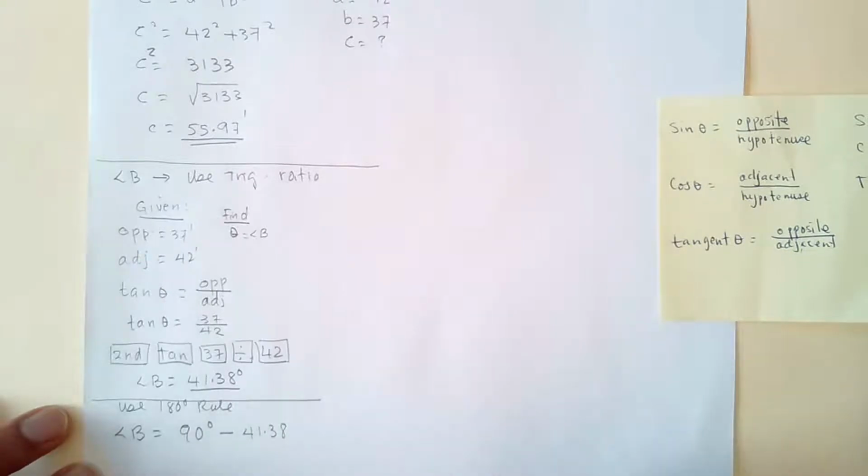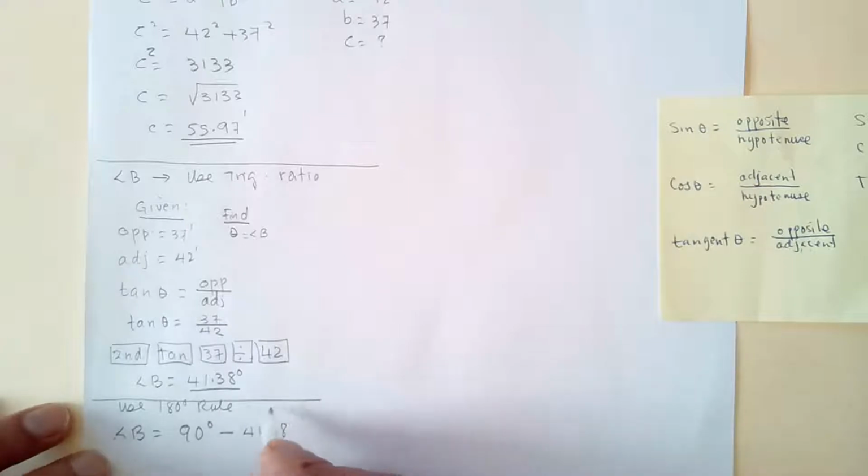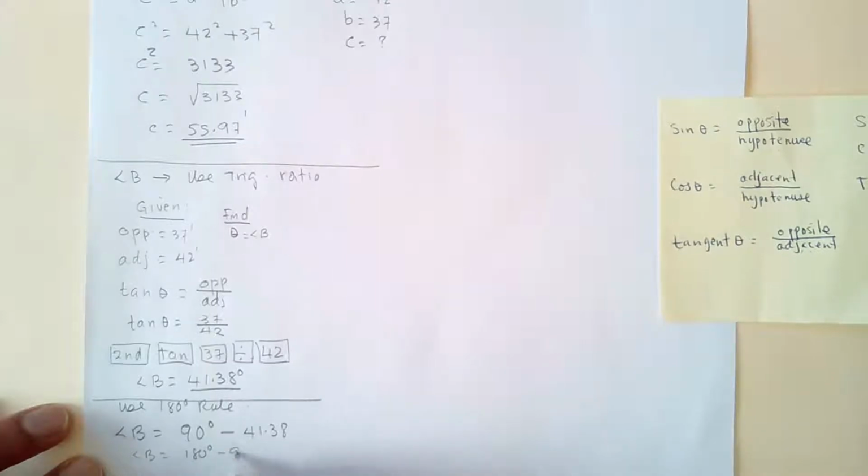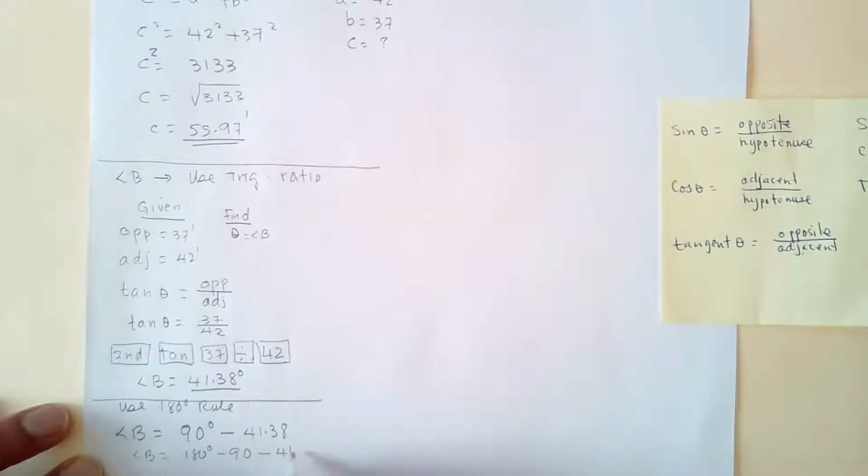Or you could go ahead by saying 180 minus 90 minus 41.38, and you'll end up with the same value, which is 48.62.